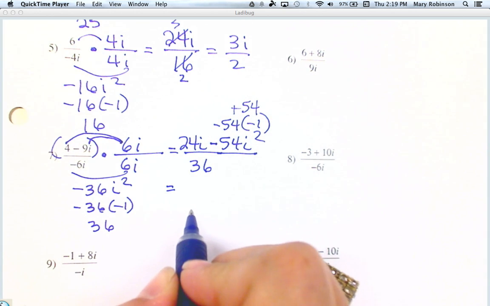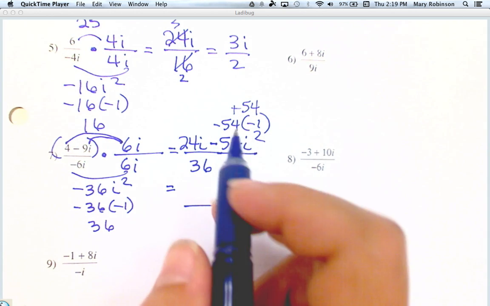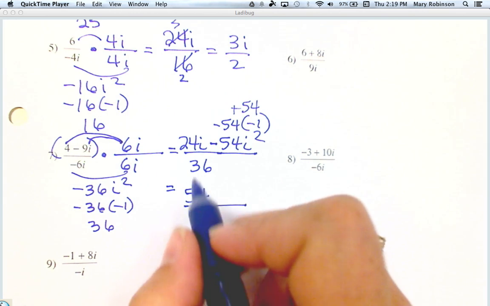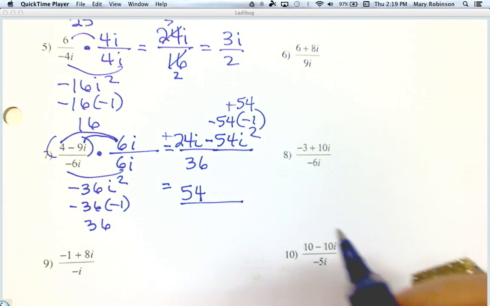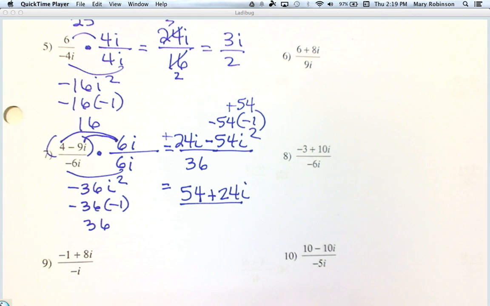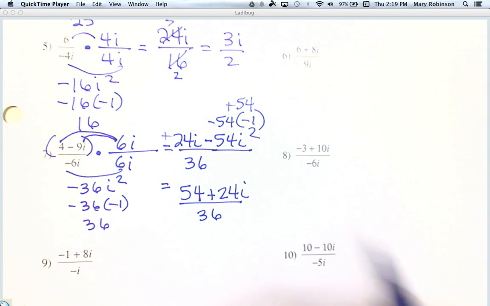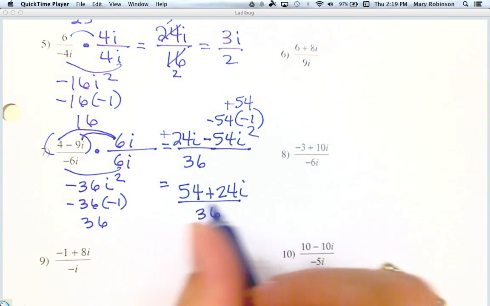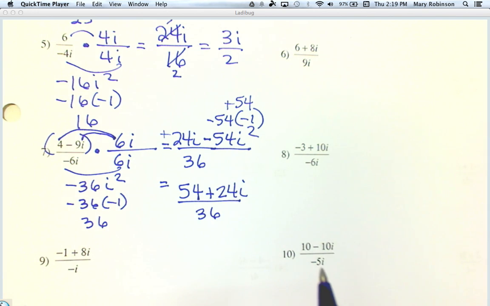When you state an answer, you need to state your real part, which is positive 54, and our imaginary part is also positive, so I'll write it as plus 24i. Our denominator is 36. One last thing is we need to see if these terms have a common factor.